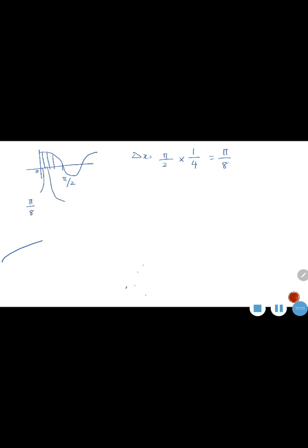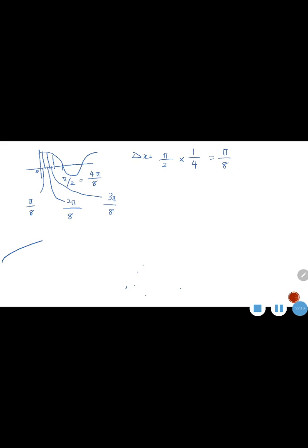The second segment is 2 pi over 8. The third segment is 3 pi over 8, and the fourth segment is 4 pi over 8, which equals pi over 2, right?